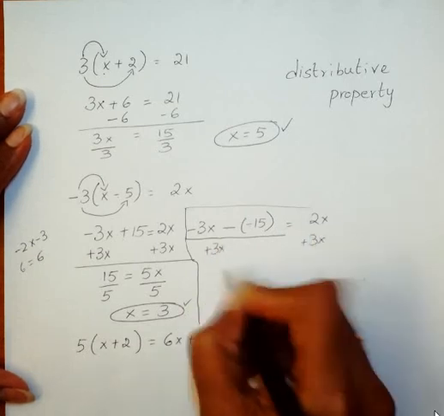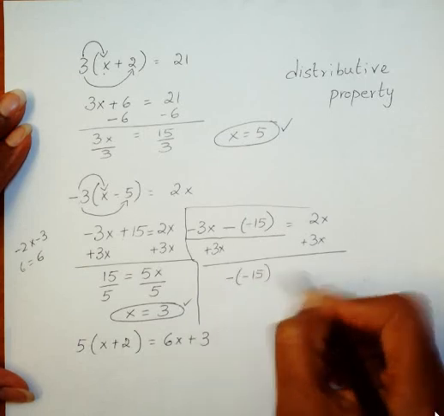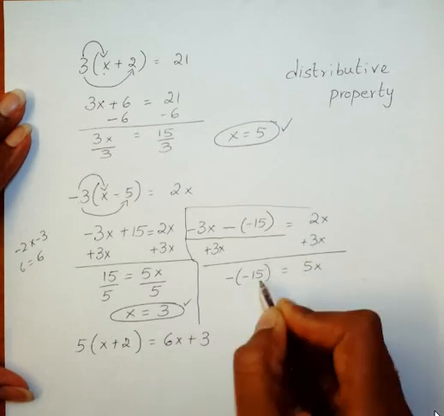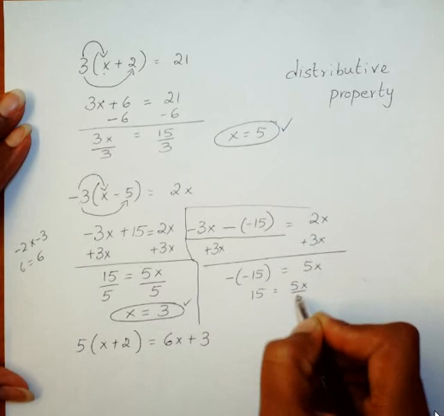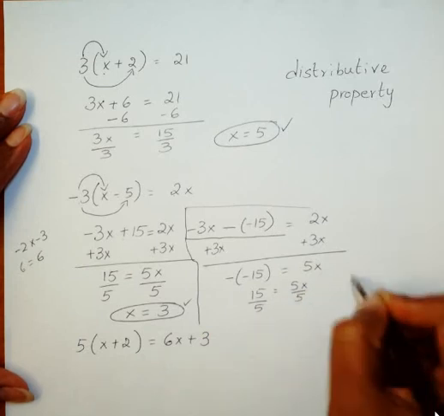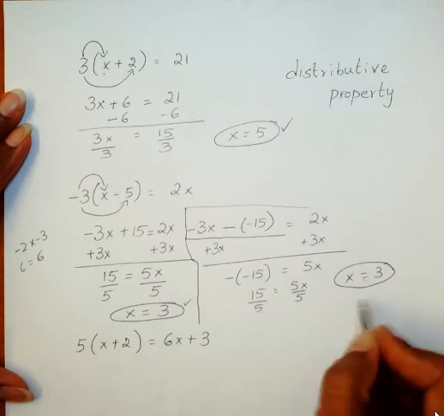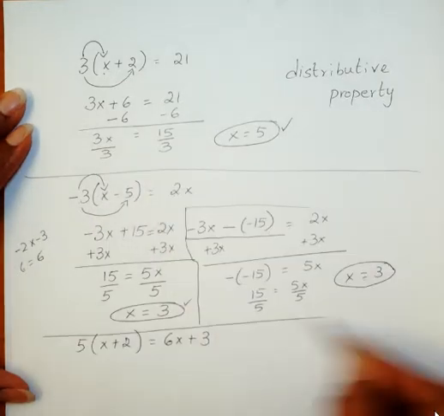And I end up with minus negative 15 equal to 5x. And this is the same as positive 15. So 15 equals 5x. You divide by 5. And you get x equals 3. Exact same answer. Does that make sense?